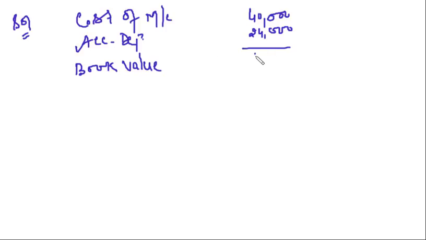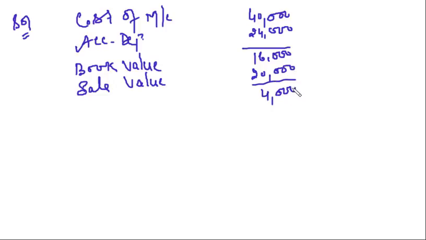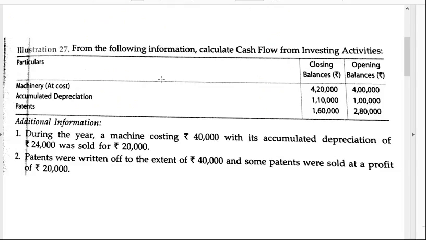Book value is 16,000. And we are given the sale value that this machinery is sold for 20,000. That means there is a profit of 4,000 on this machinery. Clear? This is how you will calculate profit. He says, during the year, a machine costing 40,000 with its accumulated depreciation of 24,000 was sold for 20,000.